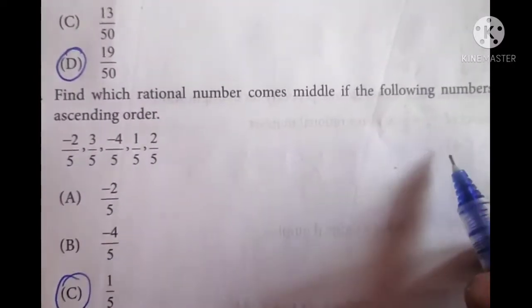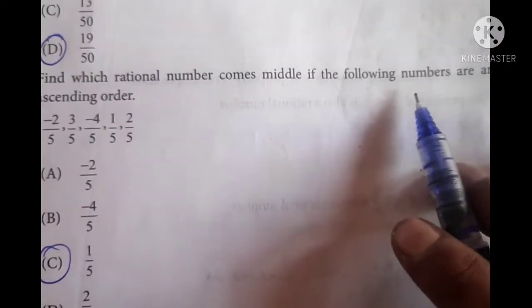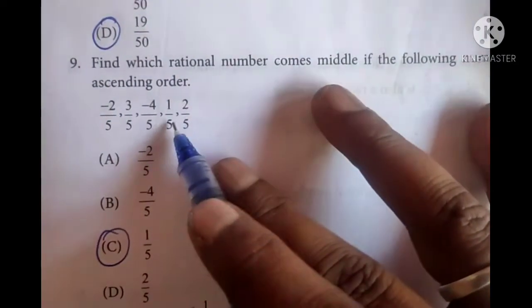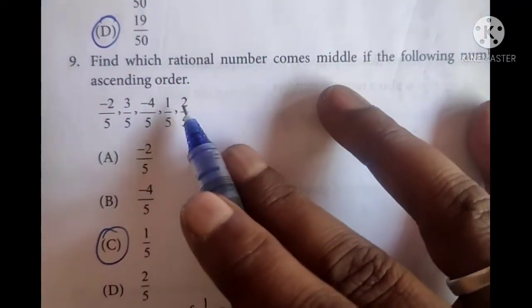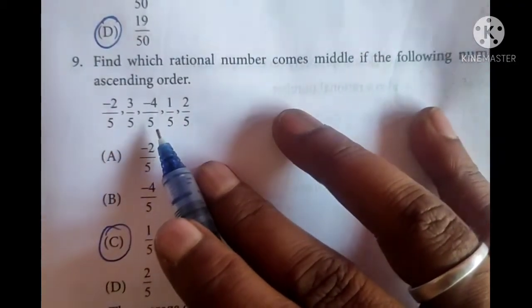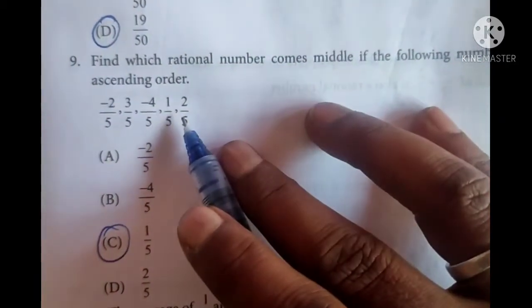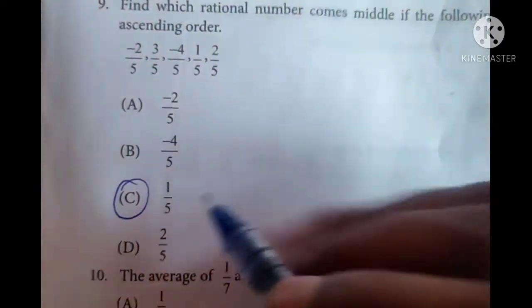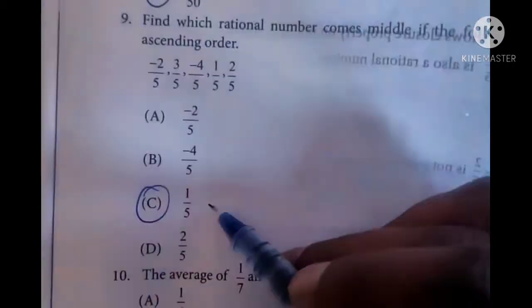Find which rational number comes in the middle if the following numbers are arranged in ascending order: minus 2 by 5, 3 by 5, minus 4 by 5, minus 1 by 5, 2 by 5. C is the correct answer in ascending order.